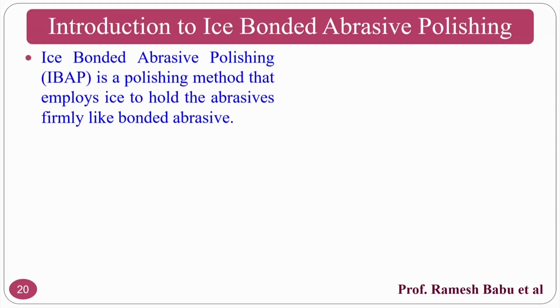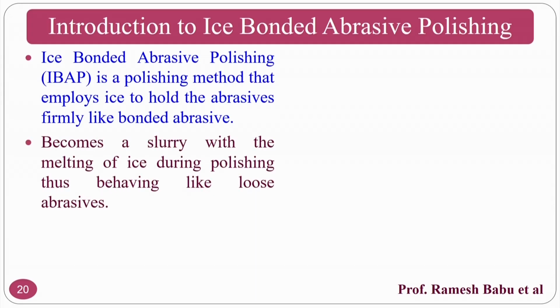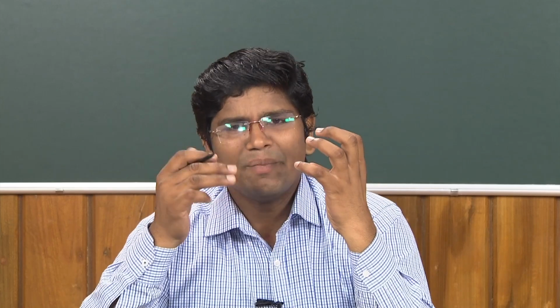This ice polishing method employs ice to hold the abrasive firmly like bonded abrasives. Normally here, if you see the grinding wheel, you have a clay, you have a rubber bonding, you have a vitrified bonding that is using clay as the material, like the rubber bonding, shellac bonding, and various metallic bonding.